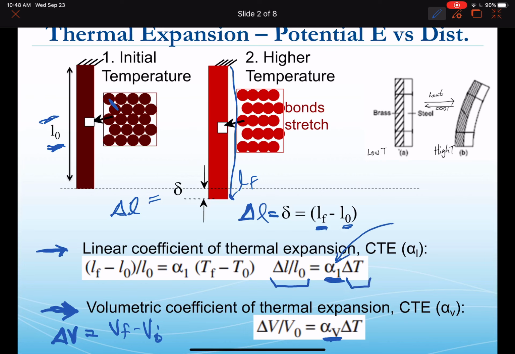So these alpha values are specific to certain types of material and are often tabulated for us to help us understand how much matter might expand or contract, either linearly or volumetrically or both. An application of this is found in some old technology, like the mechanical switches in old toaster ovens, where a brass layer might be applied as a sandwich structure to a steel layer. And the brass layer here is known to have a larger linear expansion coefficient than steel, apologies.